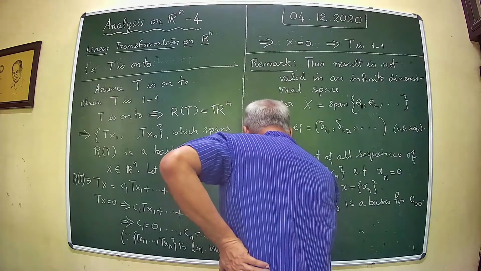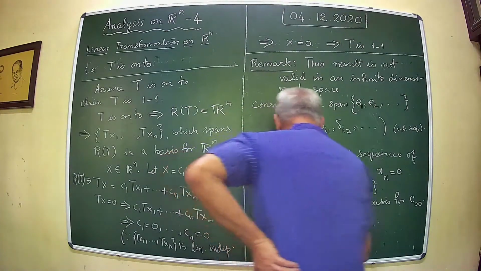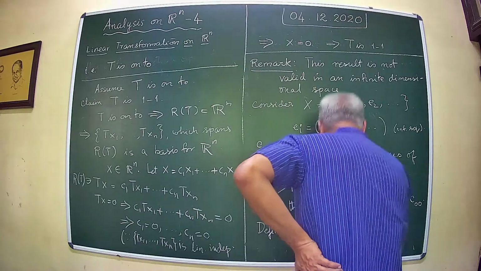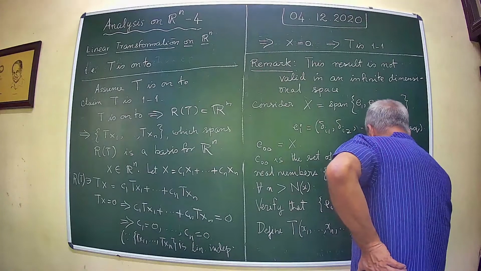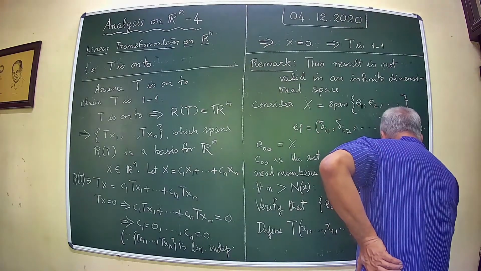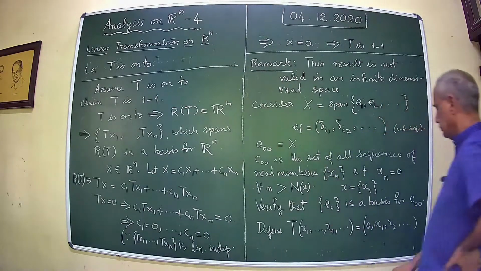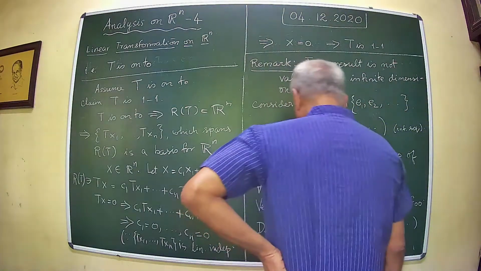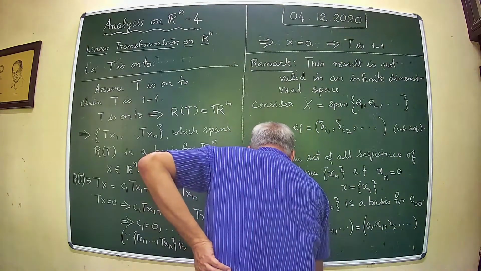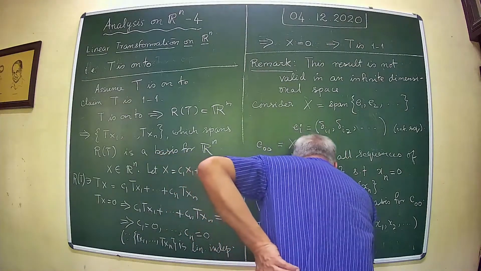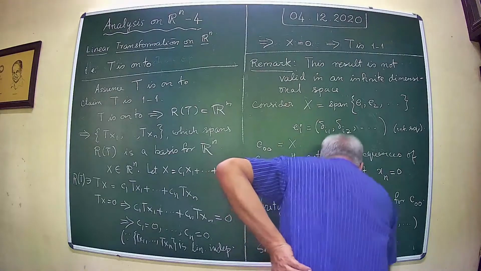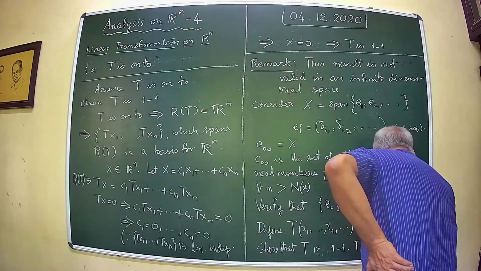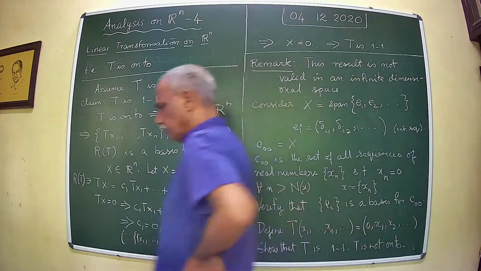So define T of the sequence x1, x2, etc. to be equal to 0, x1, x2, etc. Then show that T is 1 to 1. But T is not onto. Verify.